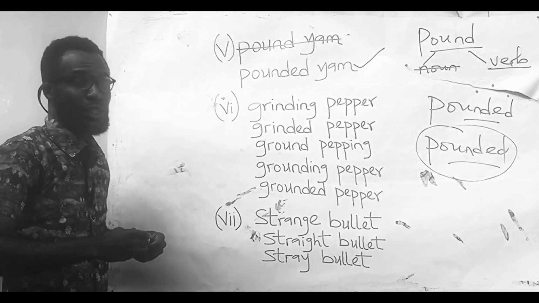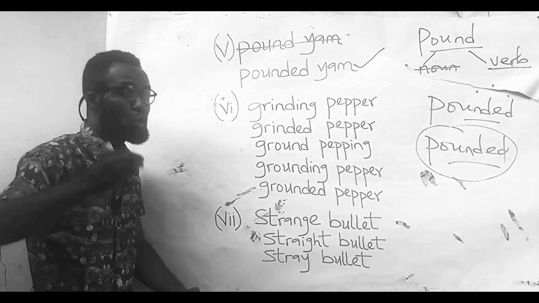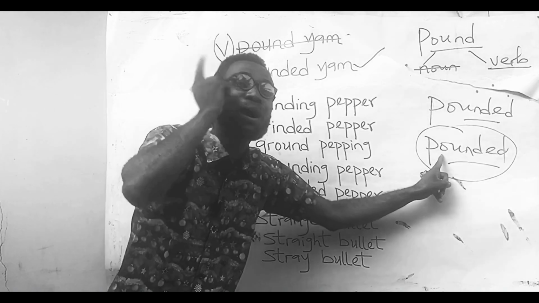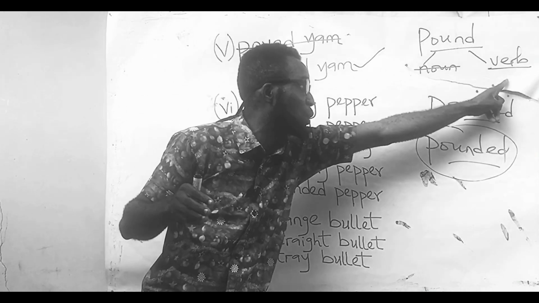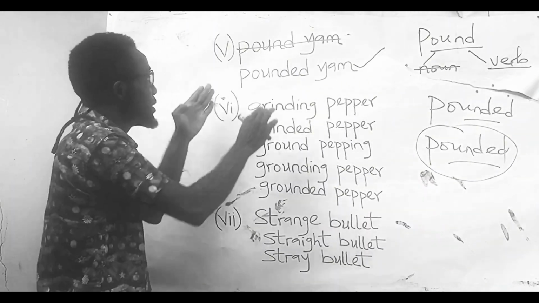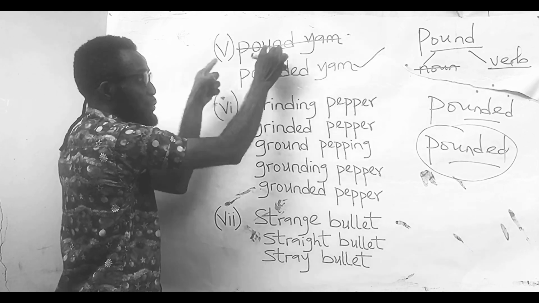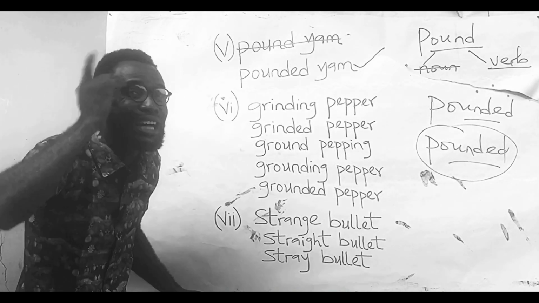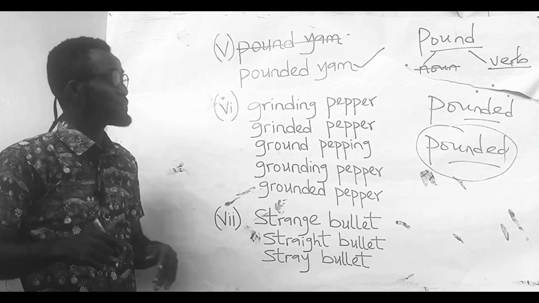If you are using a verbal word adjectively, that is to qualify a noun, you are expected to use the past participle. And the past participle of pound as a verb is pounded. That is why it is pounded yam. Pounded here is used adjectively to qualify the noun yam. So it is pounded yam and not pound yam. I believe that is understood.